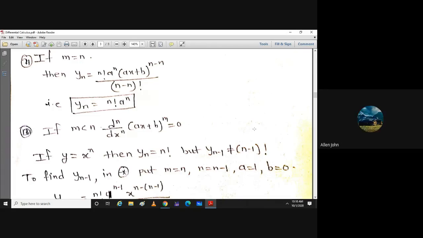Yes, sir. In particular, if we have the polynomial x raised to 5, its fourth derivative is not 4 factorial. That's what I mean by this. Now what it is?